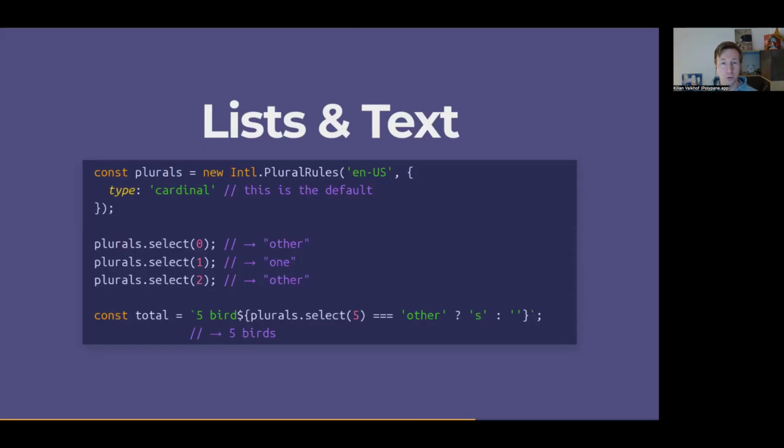So in English, there are two forms, one and other. One is used for the number one, while other is used for everything else, including zero. So you have one item, but two items or zero items. So by returning one or other, you know whether or not to add this last S to the word.